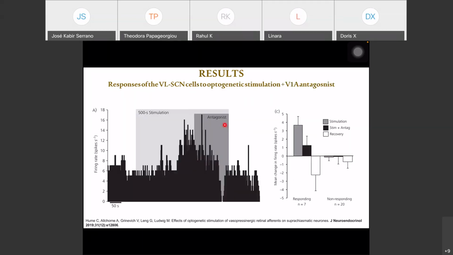And the use of the antagonist of the arginine vasopressin peptide did work. They found that even when stimulating, if they used the antagonist, the spontaneous firing rate and the interspike interval decreased.